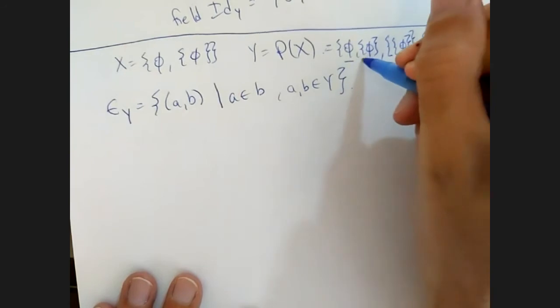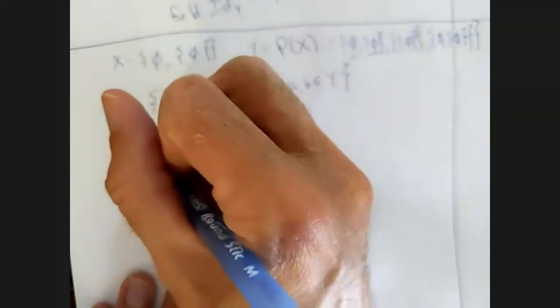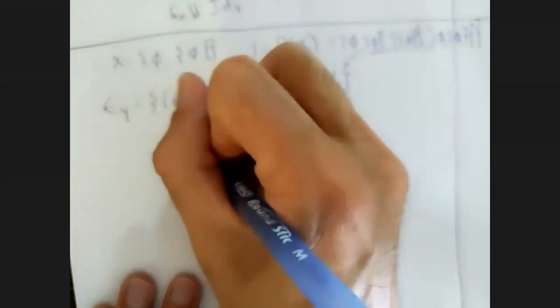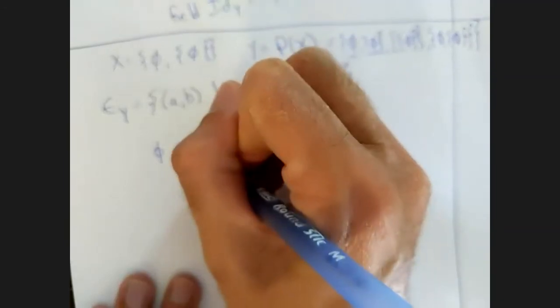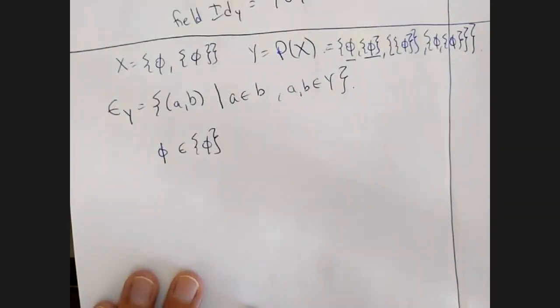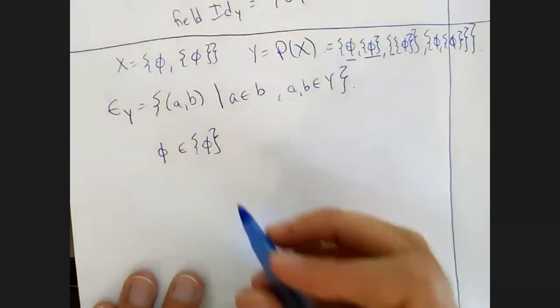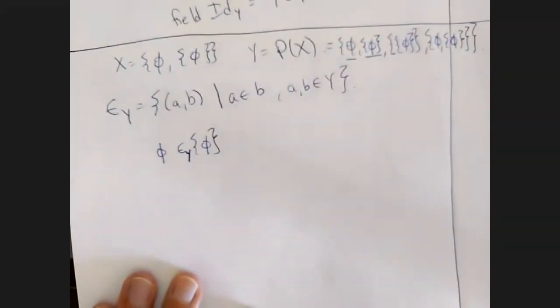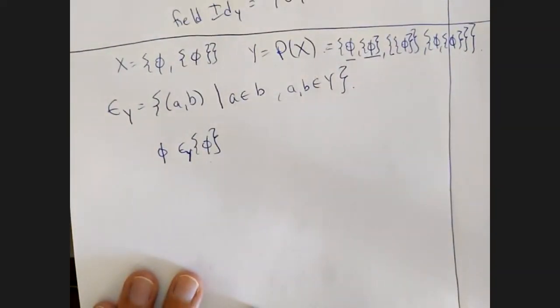One thing we can write down: the empty set is a member of the set which contains the empty set. Since these are both elements of Y, we put this.